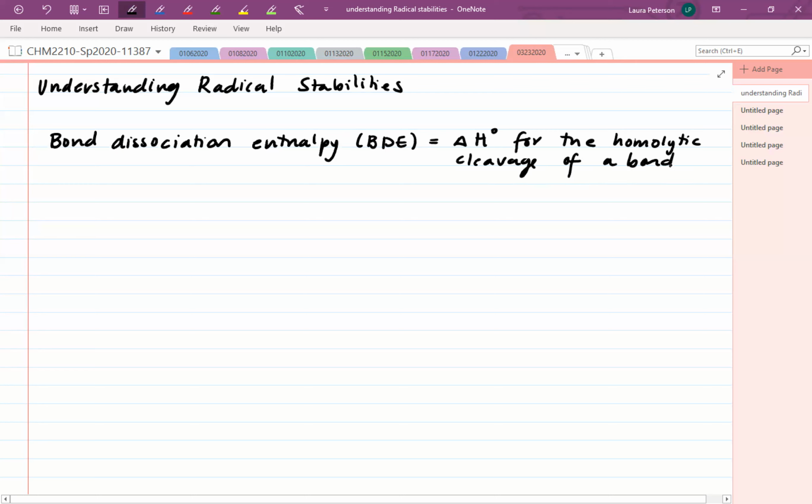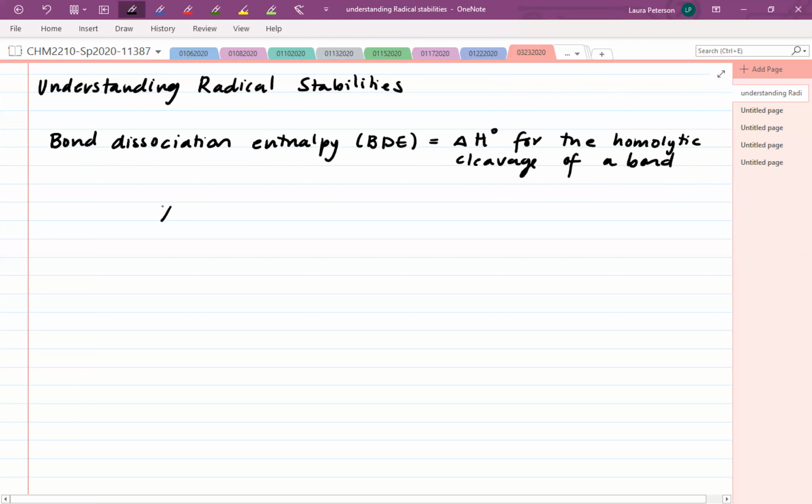If we understand that the delta H is the difference in the heat between the products and the reactants, we can use that information to compare various radicals as compared to their starting materials. So let's think a little bit more about this.